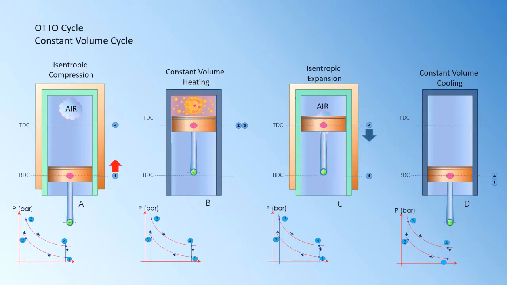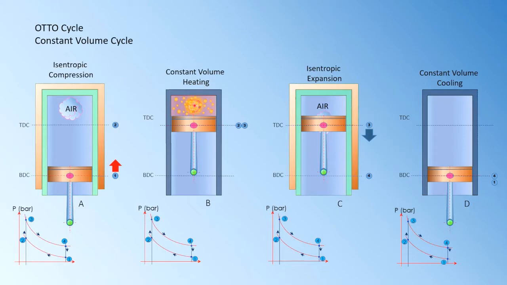At this moment, the air and fuel mixture within the space here, which we call the system, the thermodynamic system, ignites, and then you have heat supply, and this heat supply is at constant volume.